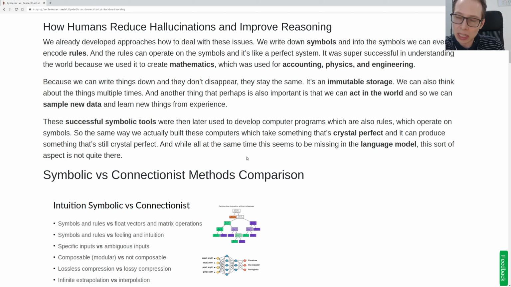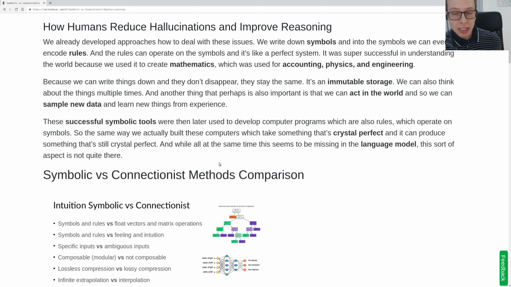So what kind of tools do we use to improve our reasoning? Well, we write down symbols, right? We had a language, we developed words, and then we started to write words down. And we use the words to write down rules. And then we can go back and read those symbols later. They are immutable, written on some paper.